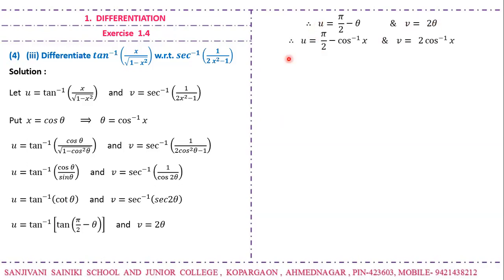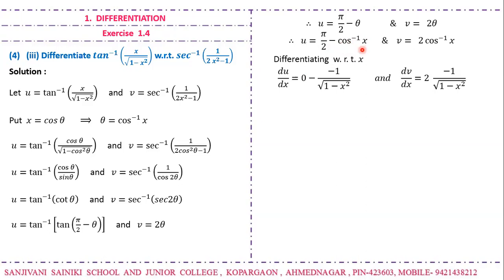So differentiating with respect to x, du by dx is equal to derivative of pi by 2 is 0 and derivative of cos inverse of x is minus 1 upon root 1 minus x square. Similarly, 2 is a constant, we can keep it as it is. Derivative of cos inverse of x is minus 1 upon root 1 minus x square.